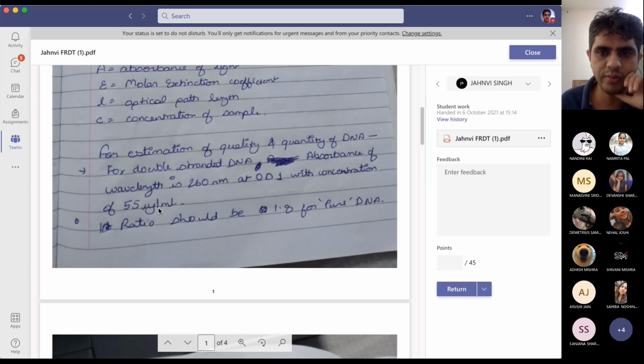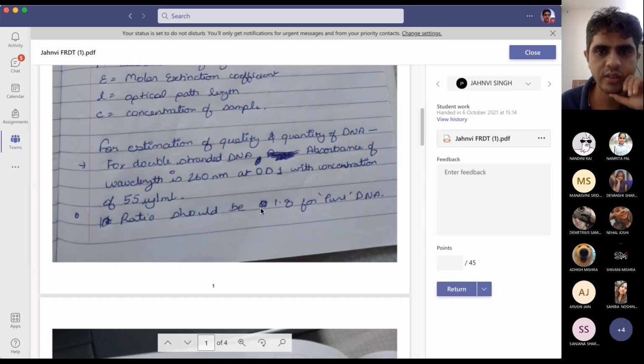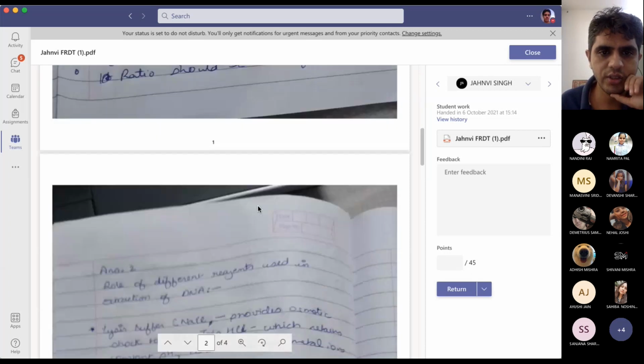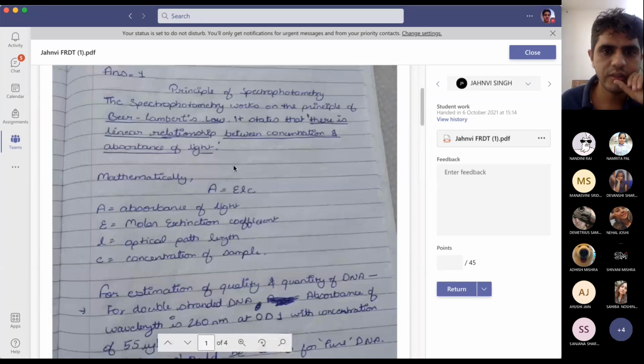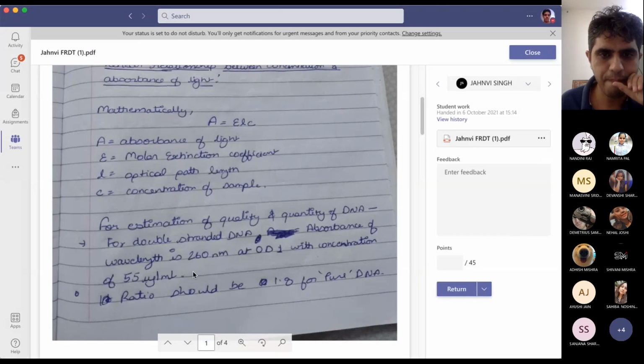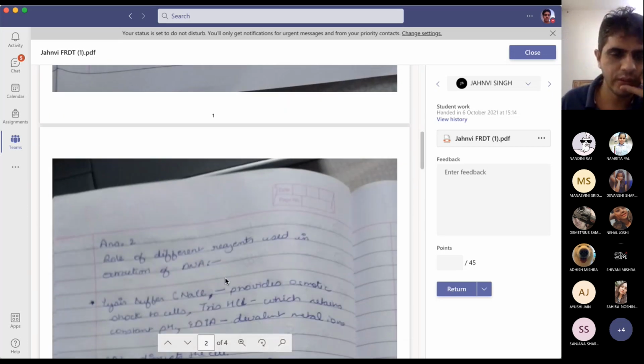It is 50, not 55, but okay, I will accept it. Ratio should be 1.8. Ratio of what? You should write that. So this is missing in it. So here's a 4.5 for you, or 1.